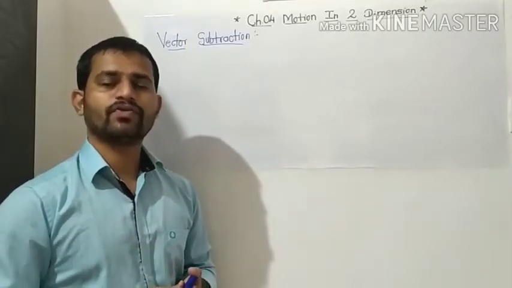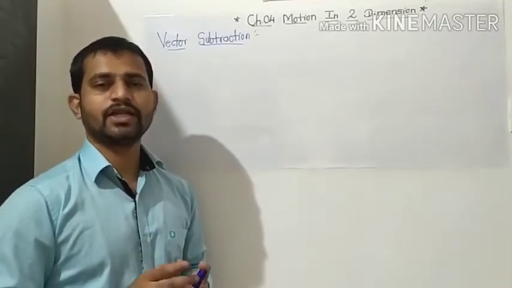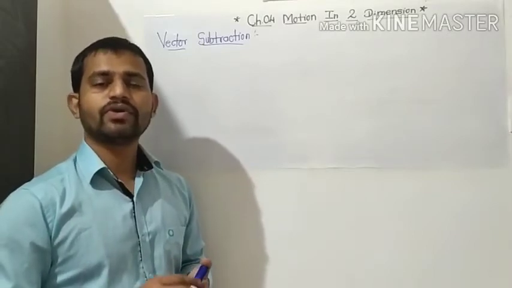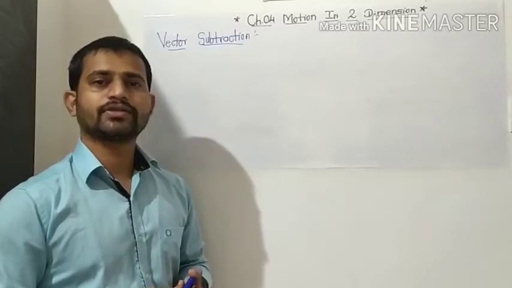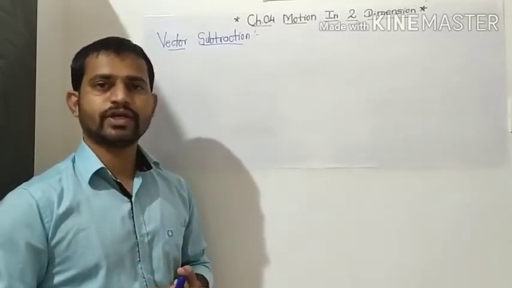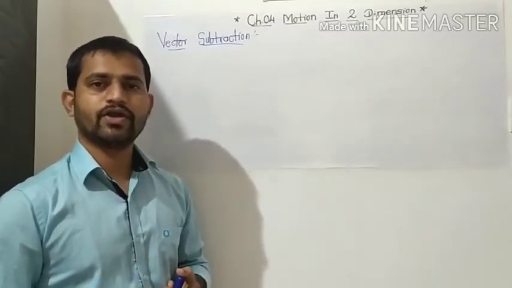So whenever we have to subtract vectors, we just change the direction of any one vector, add these two vectors, and finally we get the value of the subtraction.